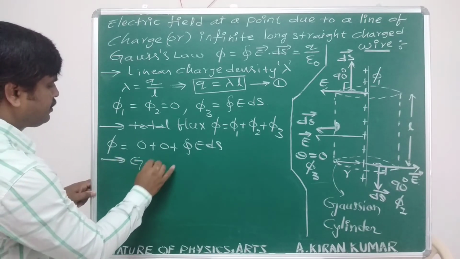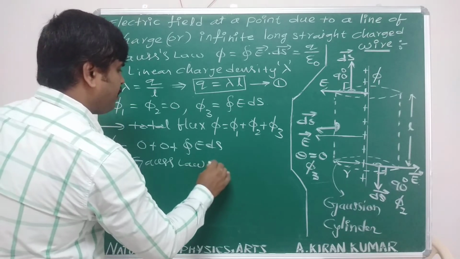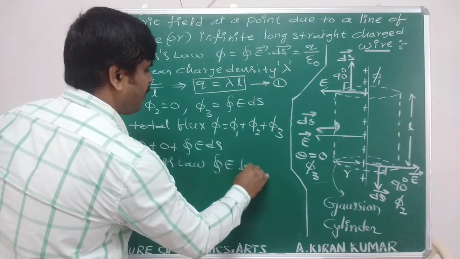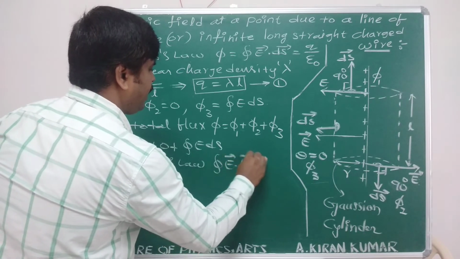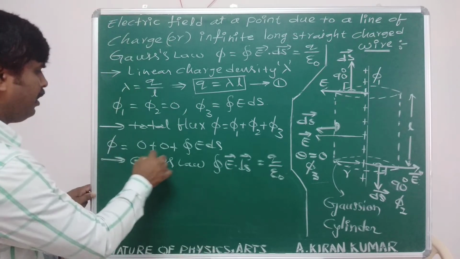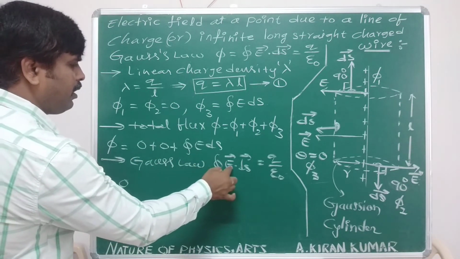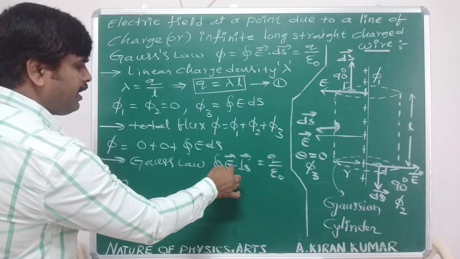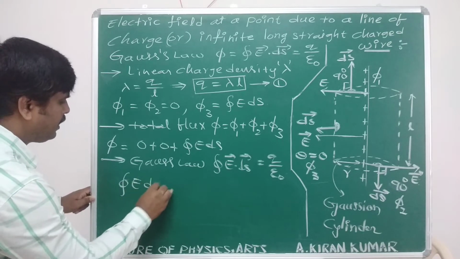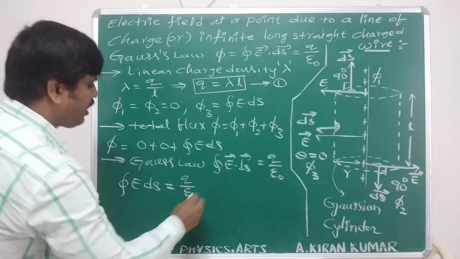According to Gauss law, the closed integral of E bar dot dS bar is equal to q divided by epsilon naught. So from this equation, phi is equal to the closed integral of E into dS, so E into dS is equal to q divided by epsilon naught.